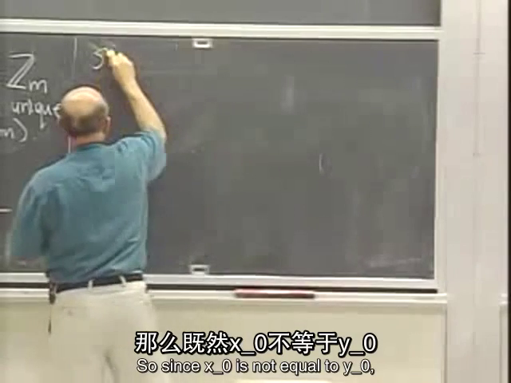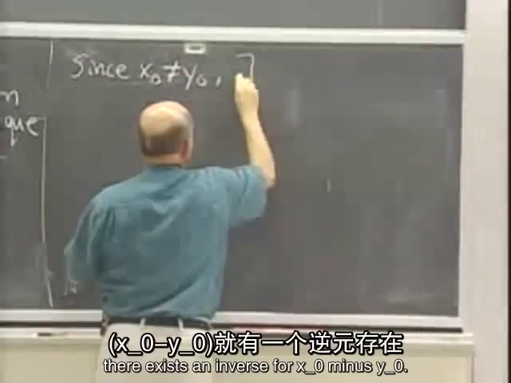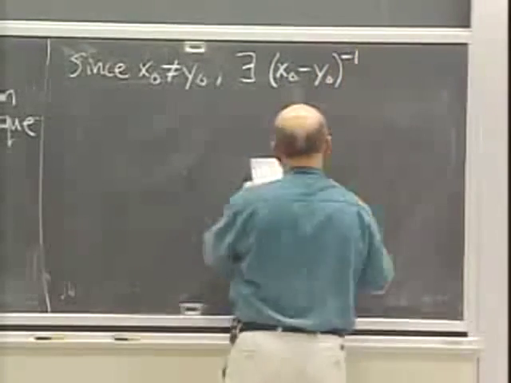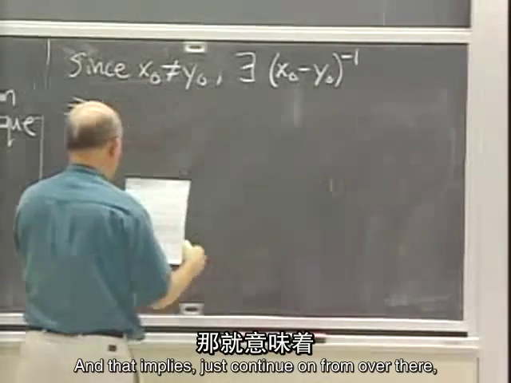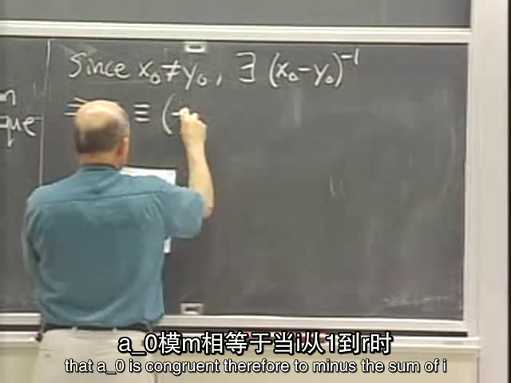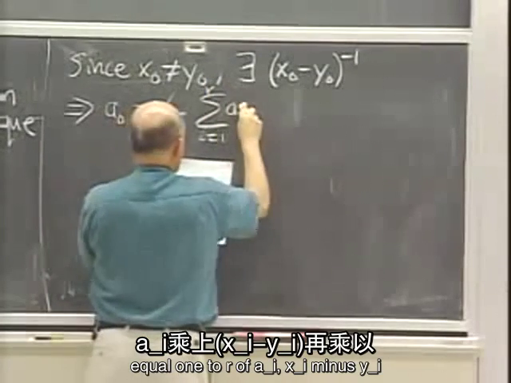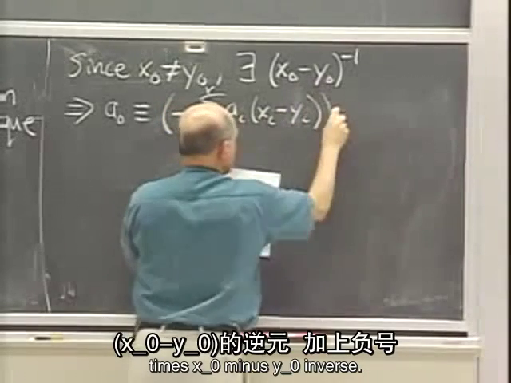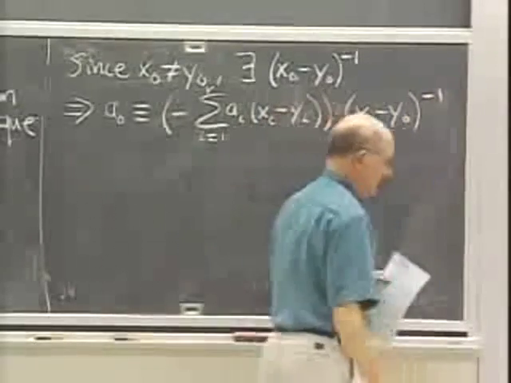Since x0 is not equal to y0, there exists an inverse for x0 minus y0. And that implies that a0 is congruent, therefore, to minus the sum of i equals 1 to r of ai times xi minus yi, times x0 minus y0 inverse.